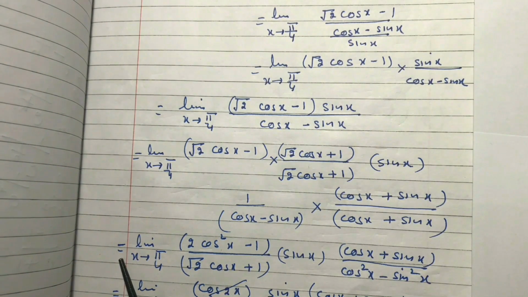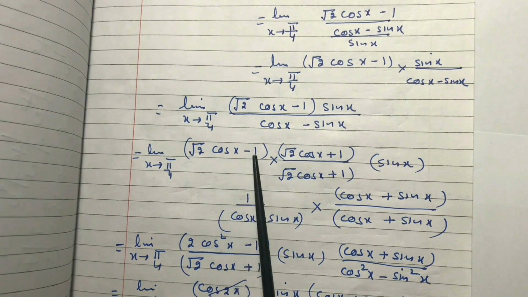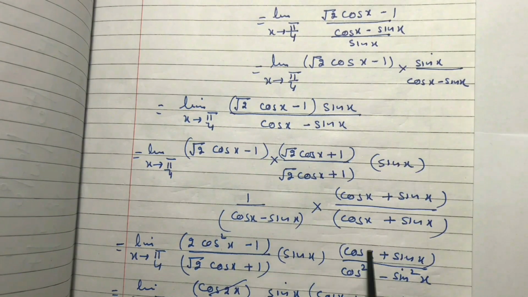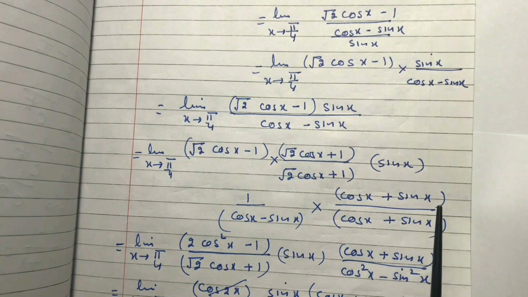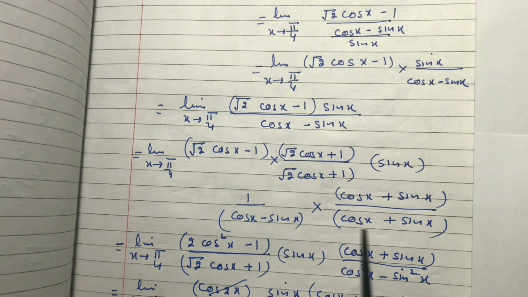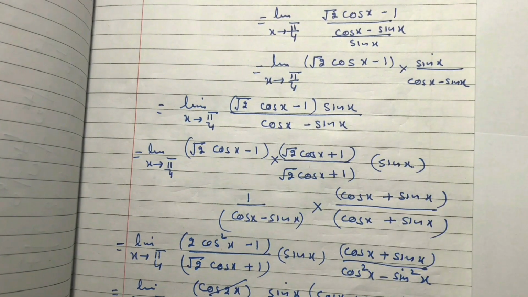Now this is equal to limit x tends to pi by 4 of (root 2 cos x minus 1) into (root 2 cos x plus 1), that is equal to 2 cos square x minus 1, since (a minus b)(a plus b) is equal to a square minus b square, upon (root 2 cos x plus 1) into this sin x into (cos x plus sin x) in the numerator, and (cos x minus sin x) into (cos x plus sin x) is equal to cos square x minus sin square x.